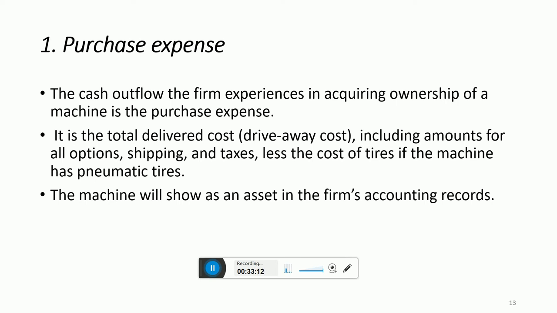The machine will show as an asset in the firm's accounting records. The firm has exchanged money, a liquid asset, for a machine, or a fixed asset with which the company hopes to generate profit. As the machine is used on projects, wear takes its toll and the machine can be thought of as being used up or consumed. This consumption reduces the machine's value because the revenue stream it can generate is likewise reduced.